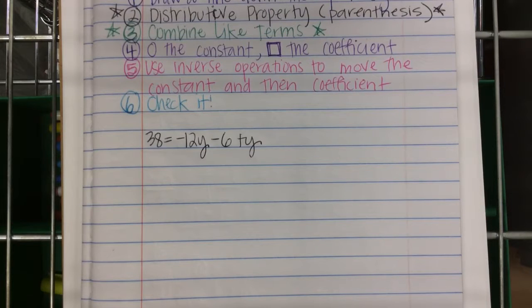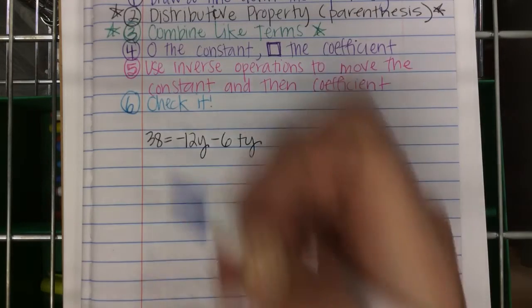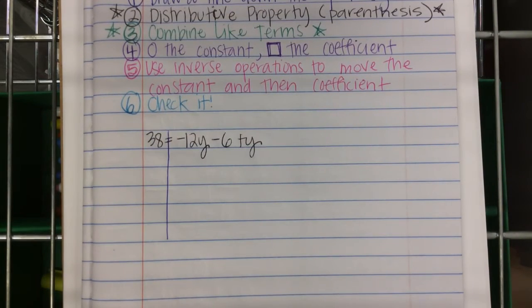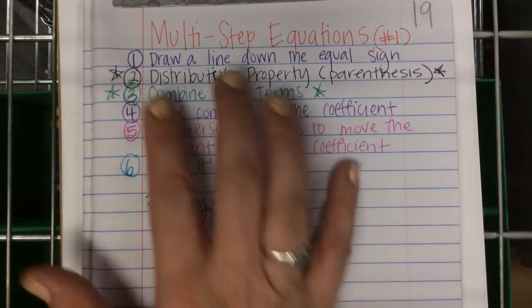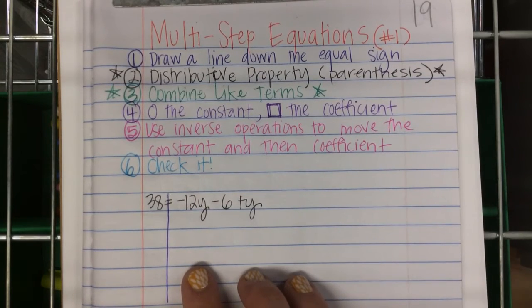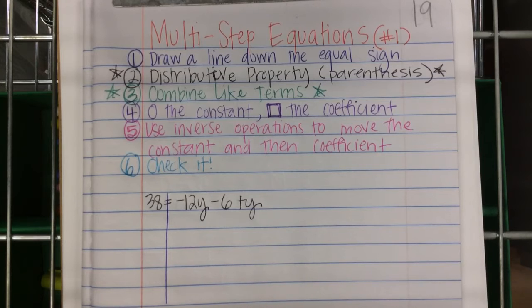Step 1, draw a line down the equal sign. Did it. Step 2, the distributive property. Look for parentheses. Are there parentheses? So I can skip step 2. I don't have to do it.